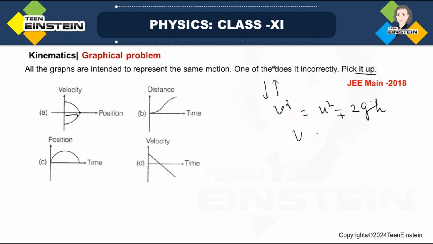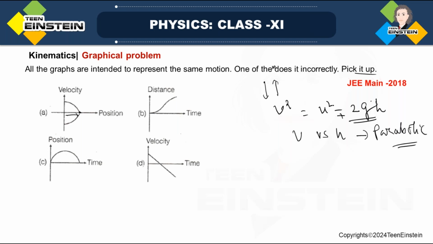So v versus h, velocity versus position, will be a parabolic curve, but with positive or negative slope, depending on whether you have thrown it or dropped it. If you throw it, the slope will be negative.